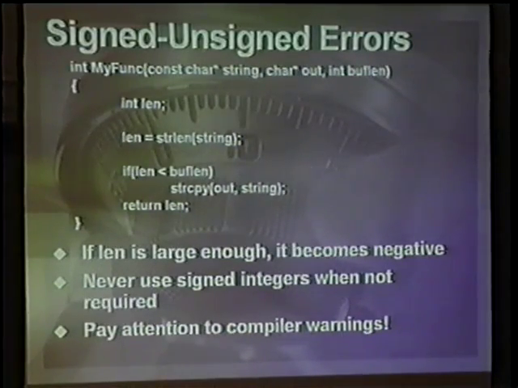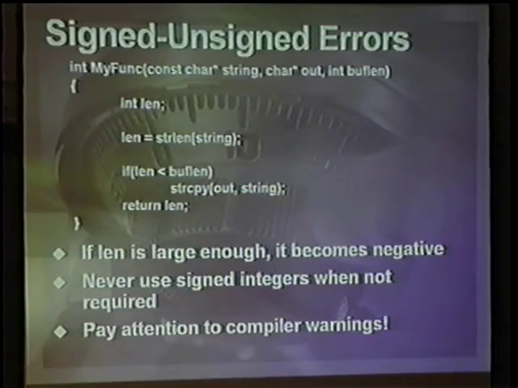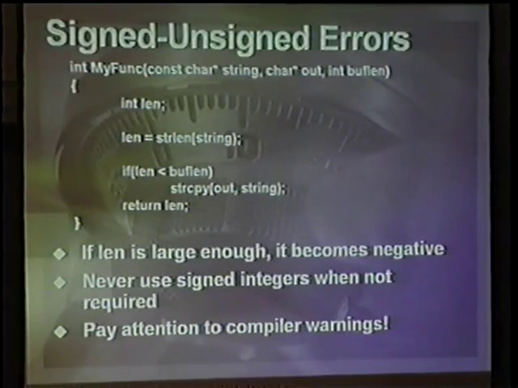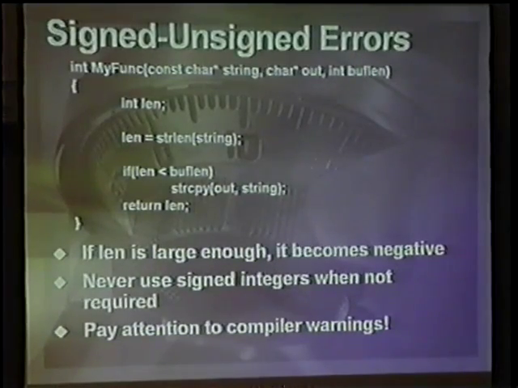If len is large enough, it's going to become negative. So if strlen is really big, then we're going to get a negative number for len. And now len is less than buff len, and bam, away we go. There's a lot of variations on this.